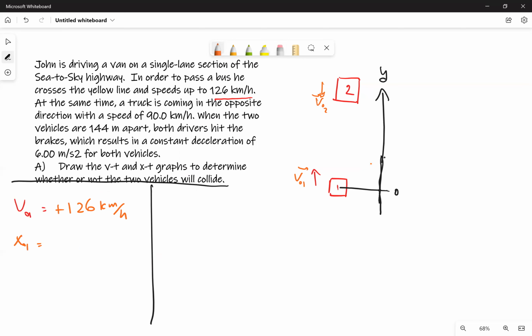You can call them vehicle A and B; it's your preference. Sorry, Y01, since I'm dealing with the y-axis, Y01 is going to be equal to 0. It is on 0, right? It is on 0.